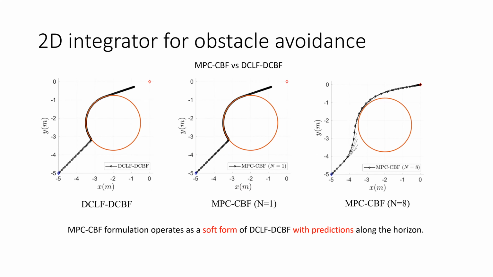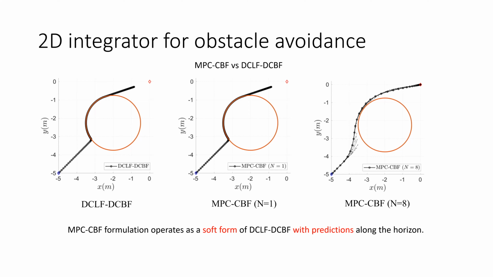Here we use a 2D double integrator to avoid a circular shaped obstacle to show the properties of our methodology. On these slides, we first compare the performance between DCLF, DCBF, and MPC-CBF when the horizon equals 1. In figure 1 and figure 2, we can see that MPC-CBF is actually a relaxed form of DCLF and DCBF when N equals 1, and they almost share the same performance.